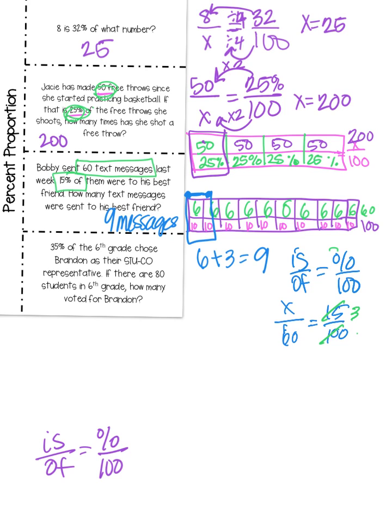This is going to become 20. What did I do to this 20 to get 60? Times 3. What I do to the bottom, you do to the top. Did it work both ways? Yeah. So you might need to do a percent bar, and you might need to just do a percent proportion. You will get the same answer no matter what, so it's good to know both ways.